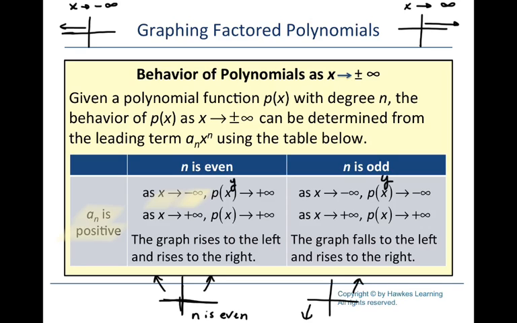So if your highest power of x is odd, it's going to go down on the left and up on the right as its end behavior. So you have x to the 1st, x to the 3rd, x to the 5th, x to the 7th, when you have a positive a in front. Okay, so kind of remember this. And we'll go to the next slide because it talks about more end behavior again, only it has a little different condition.